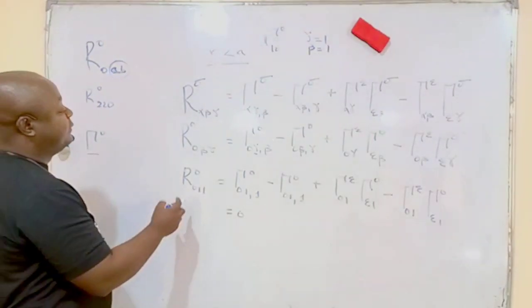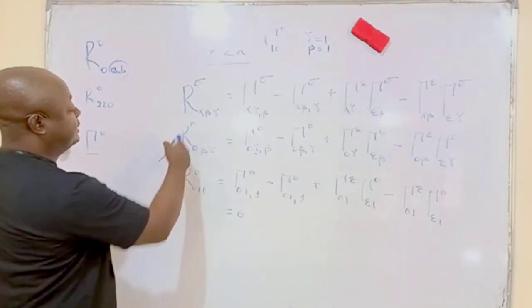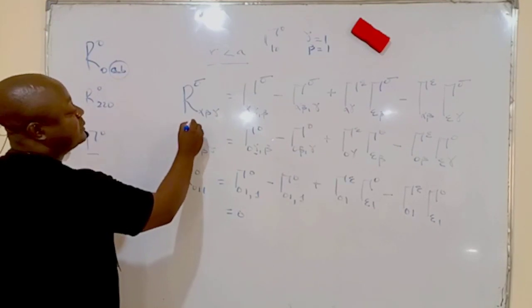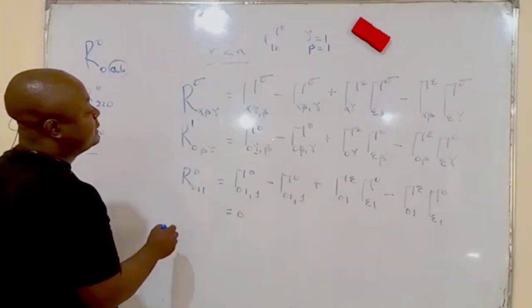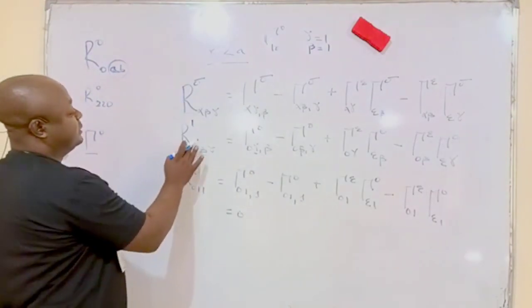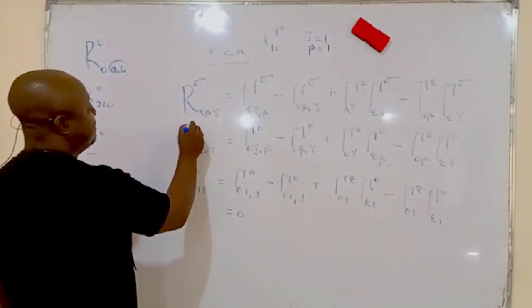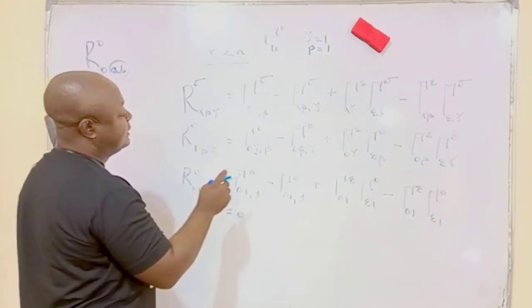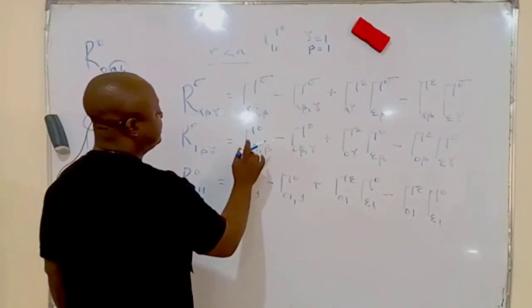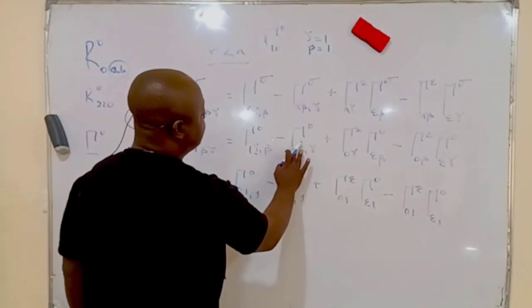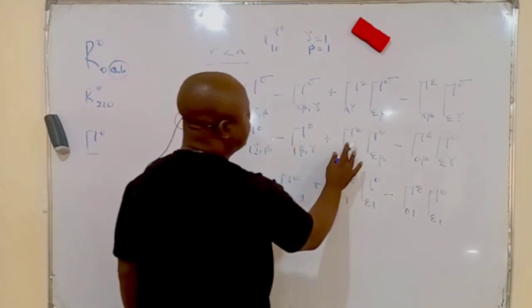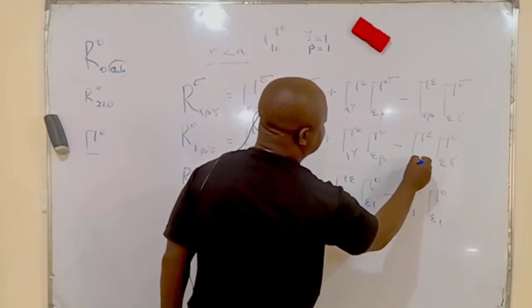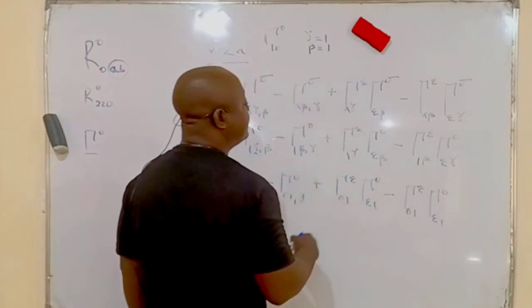So in place of 0, we'll put 1. Okay. No, 0 will remain here, but we are only changing this. So in place of this, we put 1. I think that's that.